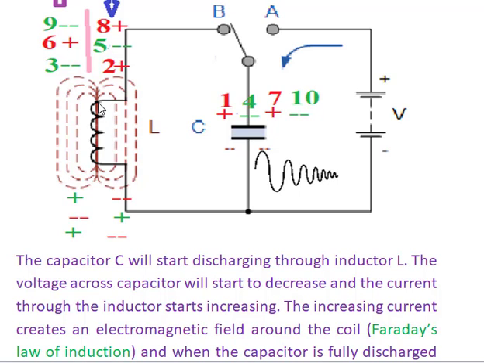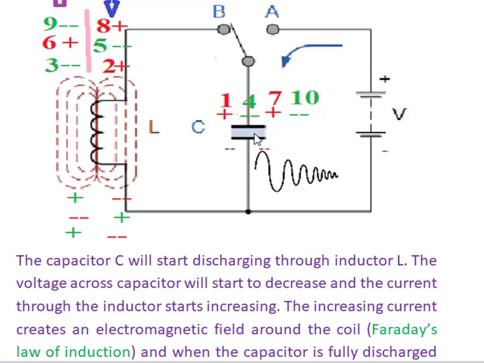So, now the induced EMF is produced with opposite sign, that is plus. This positive voltage again goes and charges the capacitor. Here positive, here negative. Again this voltage charges the capacitor.